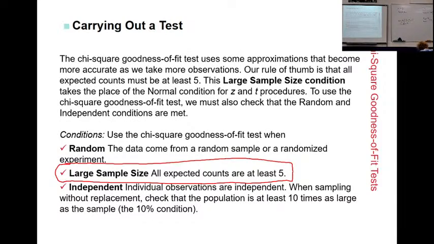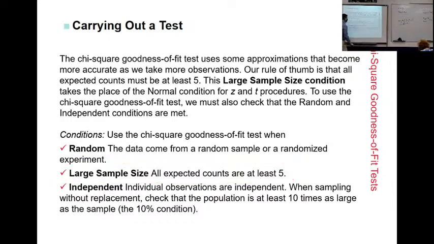These are going to be the conditions for all of the chi-squared tests, all the hypothesis tests that we're doing this chapter. And the formula is going to be that sum of observed minus expected squared over expected. So this is the one to make sure you write down, and you should say that it's taking the place of normal condition. Expected counts being at least 5.